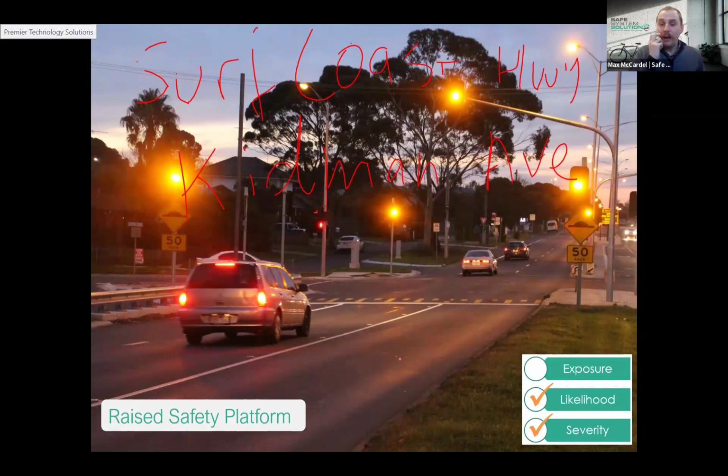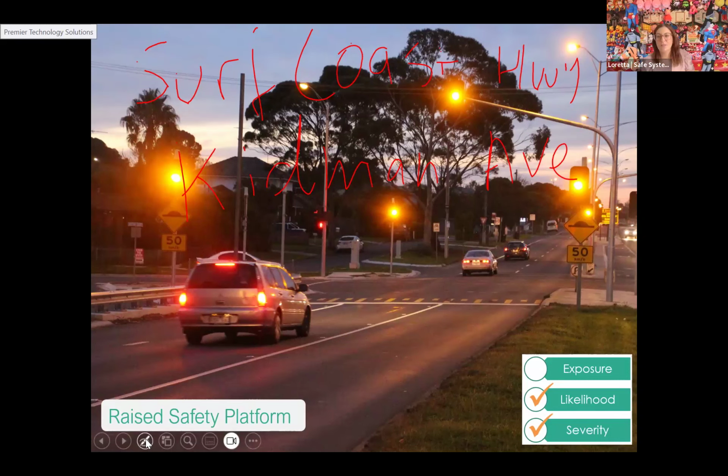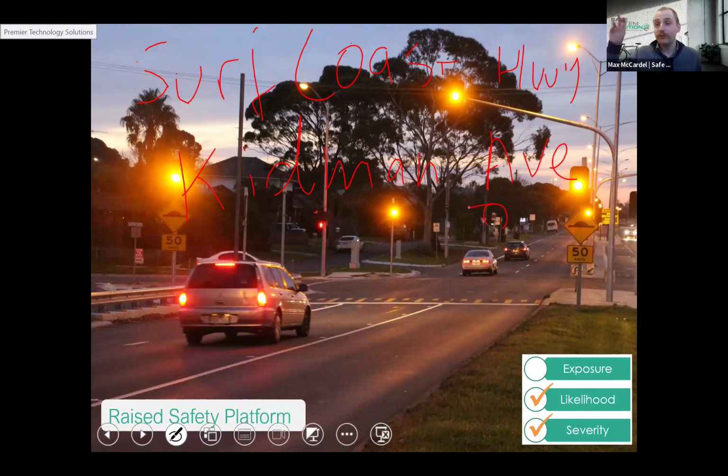Any other questions? There was a couple just in regards to the 50 kilometer versus the 20 kilometers. So should it not be 20 kilometers, consistent with other road humps? So if you did it at 20, because this is still 70, it actually got reduced to 60 as part of this project. But even if you're dropping from 60 down to 20, it's far too much of a speed reduction.